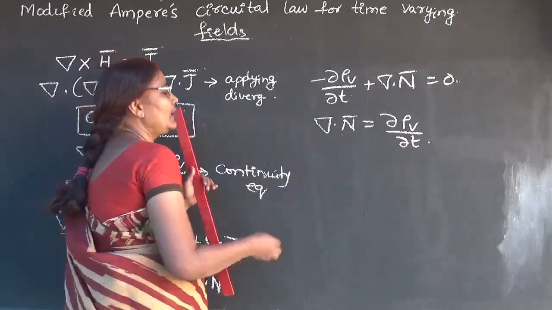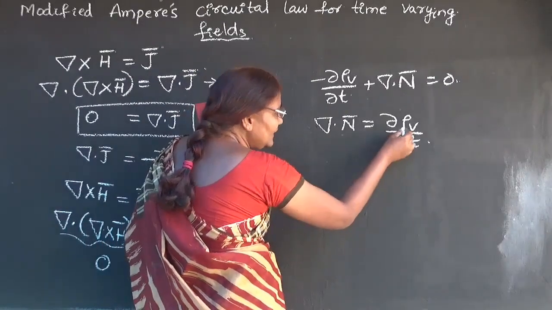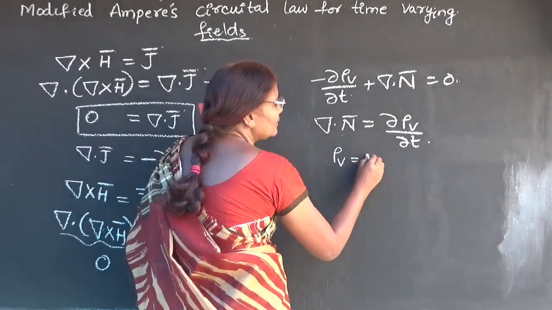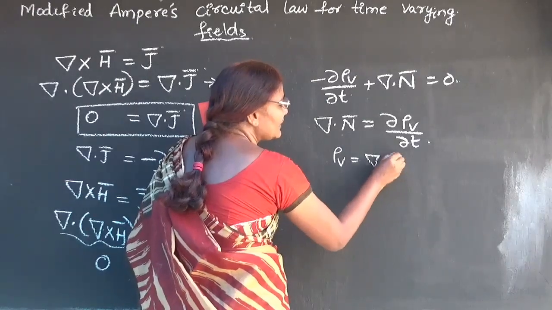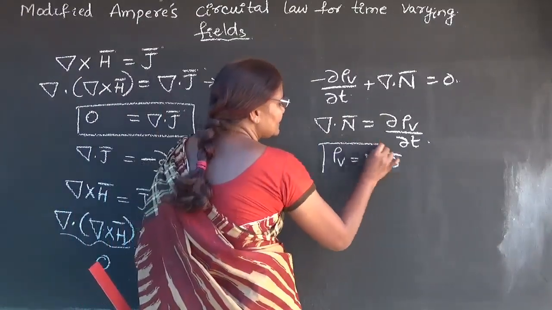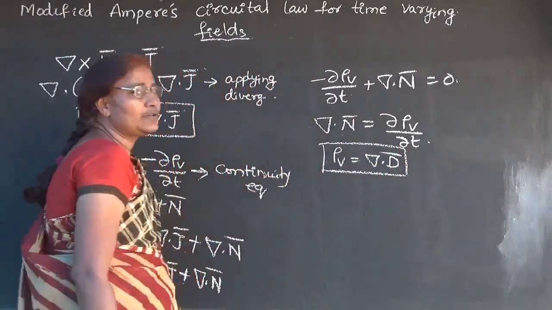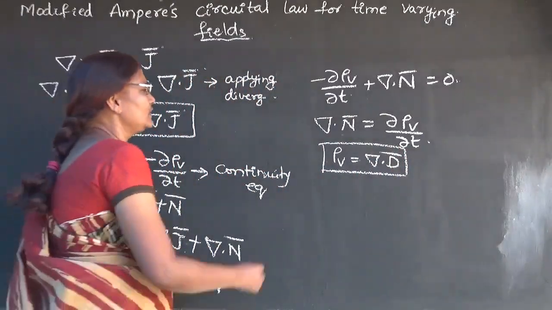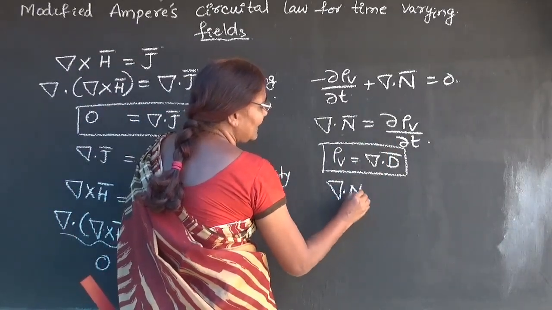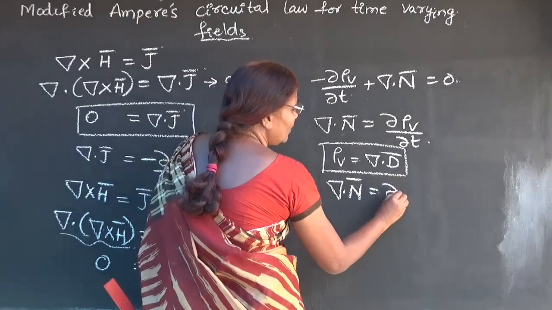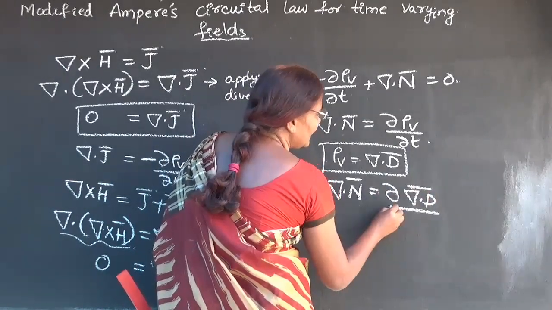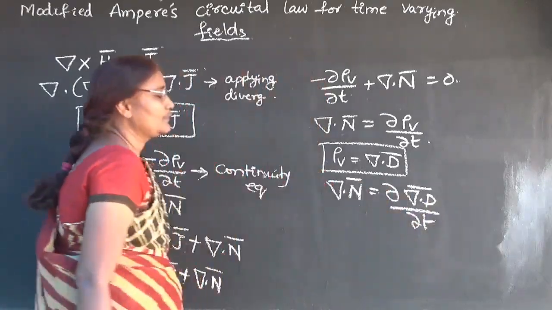Now we know what rho v is. Rho v is equal to del dot D bar, from the electric field equations. Using this here, del dot N bar is equal to dou of del dot D bar by dou t.